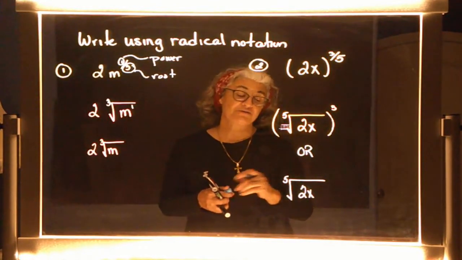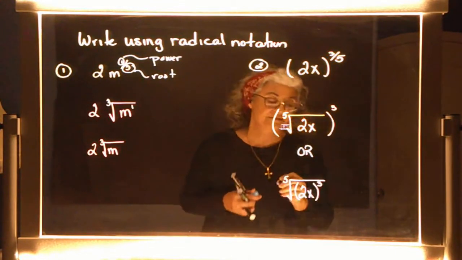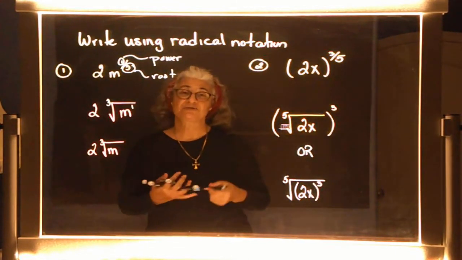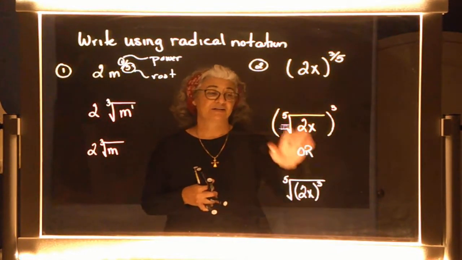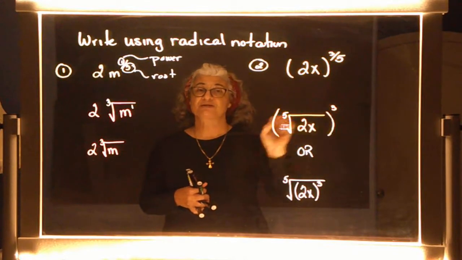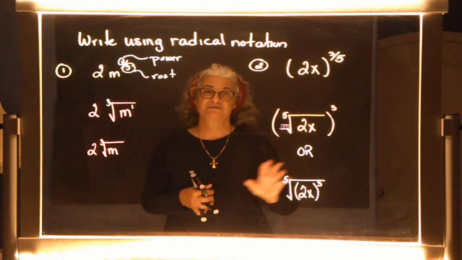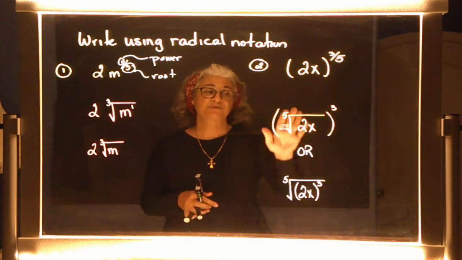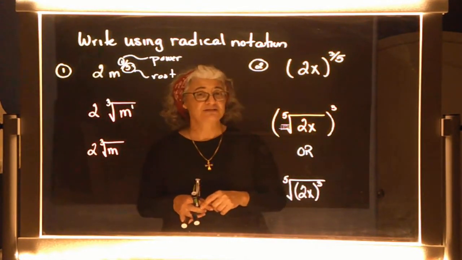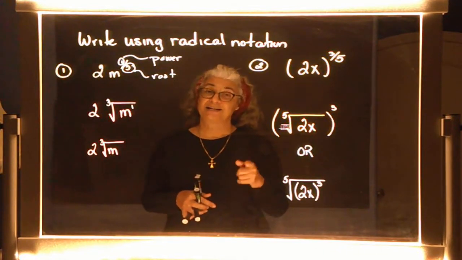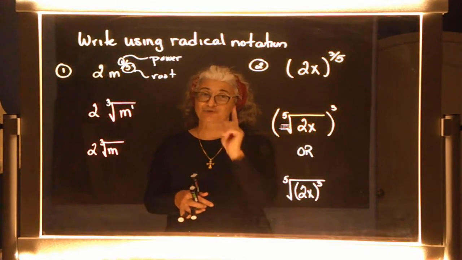And the power of 3 is to the entire 2x. Both of these are correct. Both of these mean the exact same thing. I've got a 5th root, the whole thing to the 3rd power, or the 2x to the third power, then take the fifth root of the whole thing. Both of these answers are correct. I just need you to be aware of that. Good? Okay, now, we're going to put these rational exponents into practice, so stay tuned.